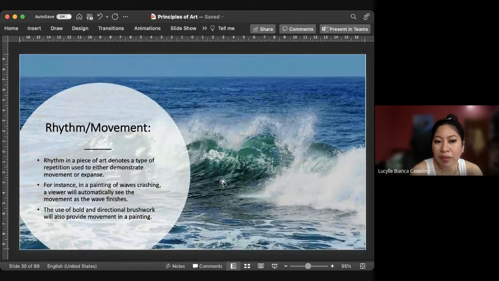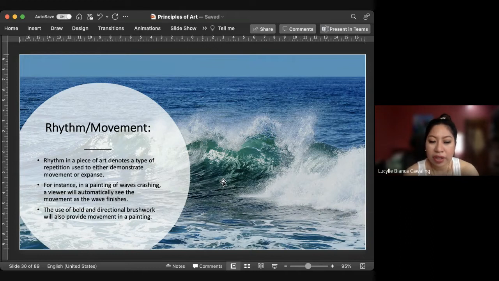So you also have rhythm and movement as a principle of art. So sometimes, most of the time, you could put a rhythm in an object or in a painting by repeating objects again, again, and again.